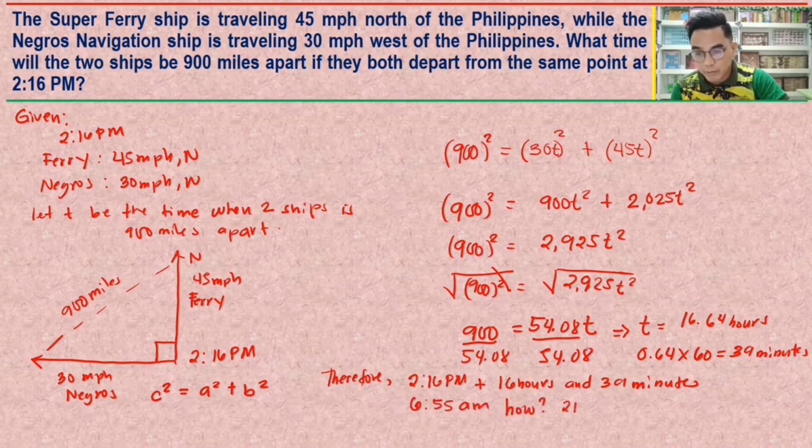From 2 p.m. to 12 a.m. we need 10 hours. Since it is 16 hours, we still have 6 hours. So just add it, we have 6 a.m. But there are 16 minutes and 39 minutes. Add it up, so we now have 55 minutes.